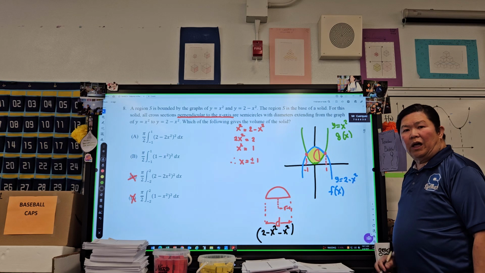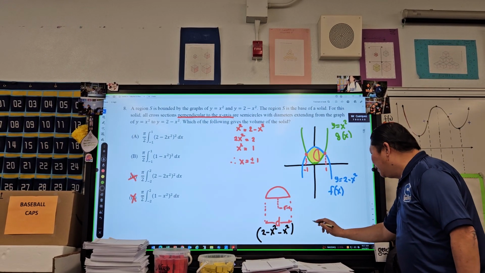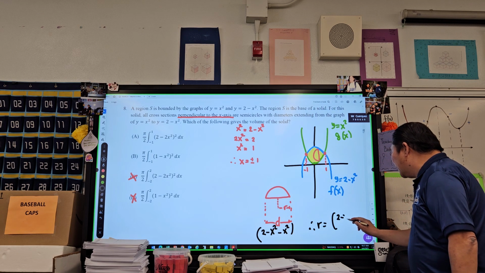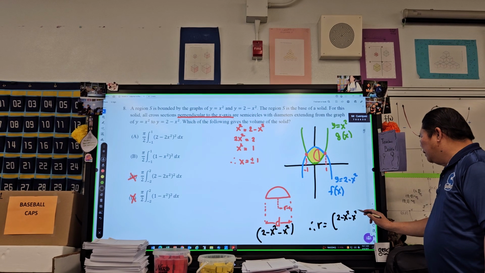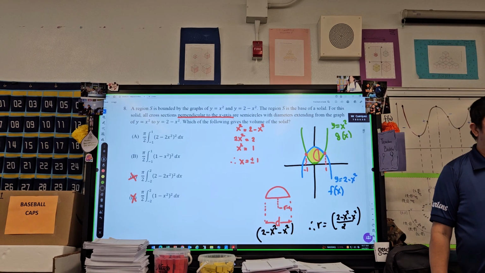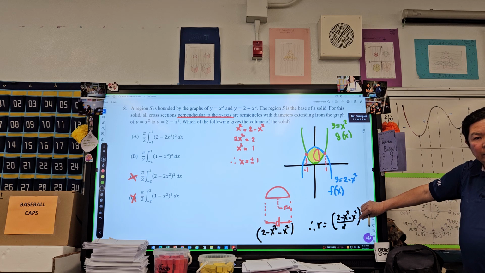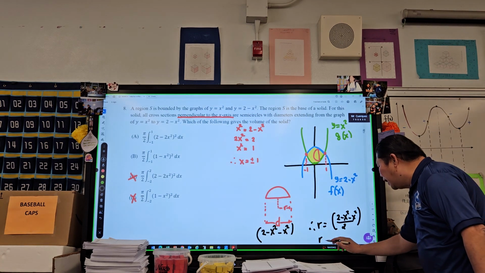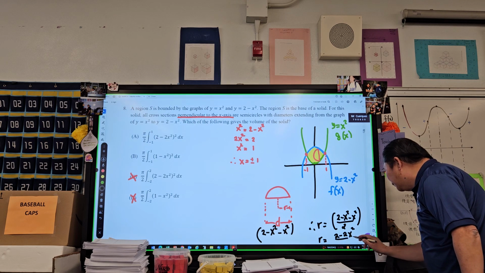But we are after the radius. Therefore, if this is a diameter, the radius should be r equal to 2 minus x squared minus x squared over 2. And then, combining like terms, simplify this. So the r must be 2 minus 2x squared over 2.